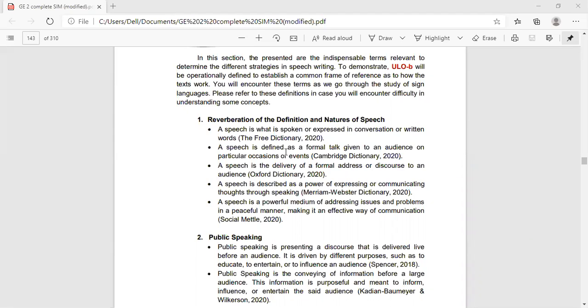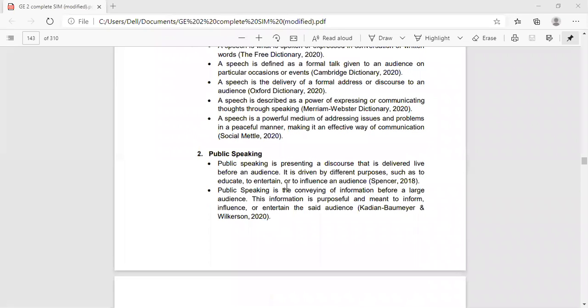Moving on. In public speaking, you notice here that this is formal. It's a formal talk. There is power in expressing and communicating thoughts. Public speaking is presenting a discourse that is delivered live before an audience.